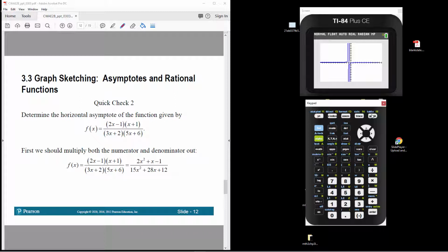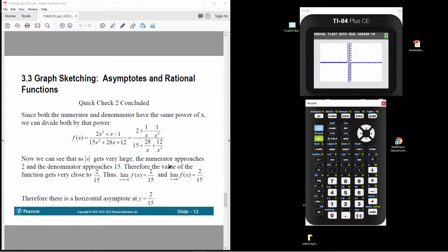According to this, we have a horizontal asymptote at 2/15. If I zoom in, I should see that it doesn't cross the line y equal to 2/15.